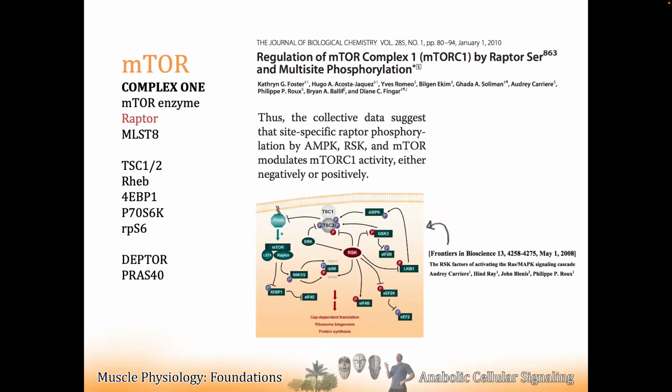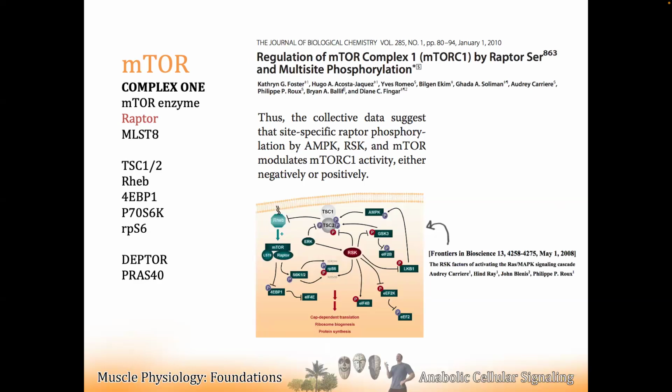Once you get RSK activated, it phosphorylates a lot of stuff that's aimed at anabolism and growth. Some of it is more mTOR crosstalk activity like Raptor, but it also has its own anabolic roadways as well.